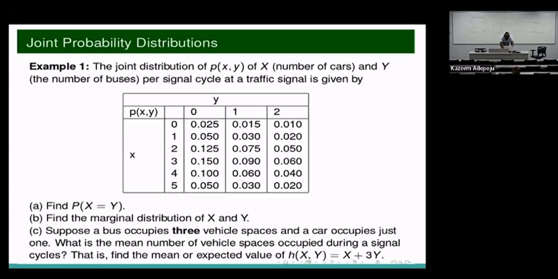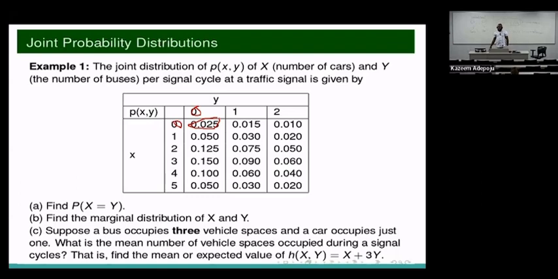Take a look at this entry now, as an example, which corresponds to 0 here and 0 here.